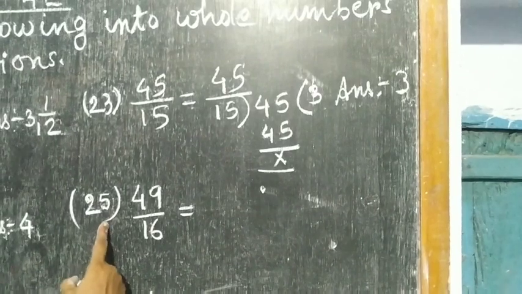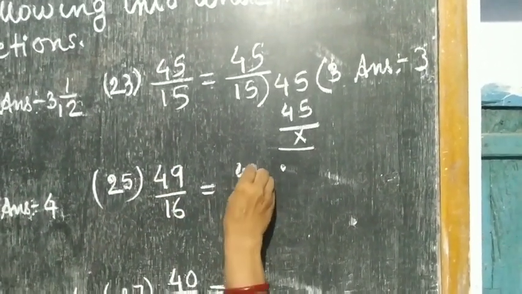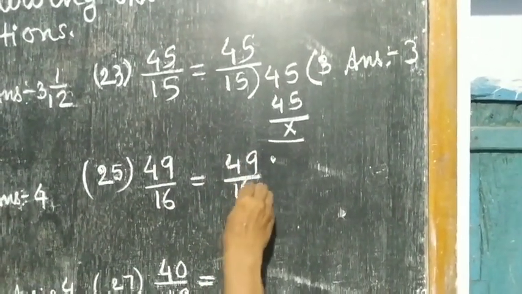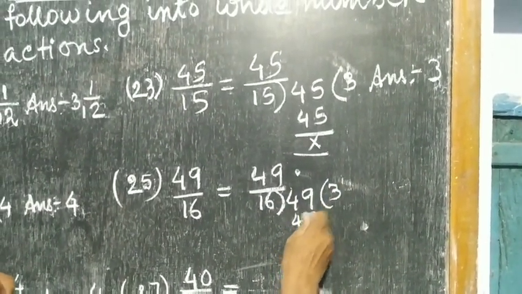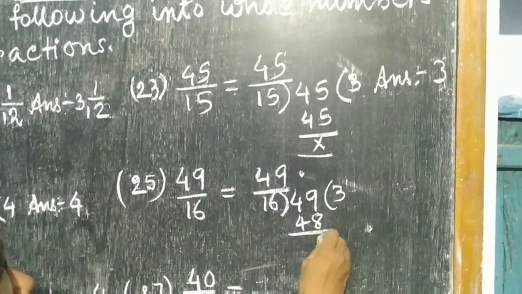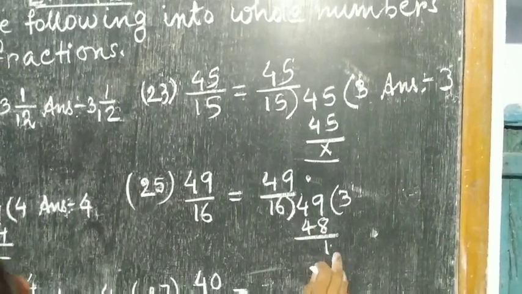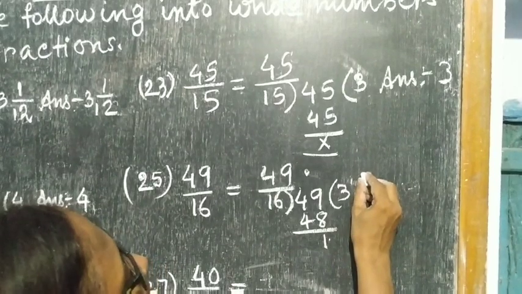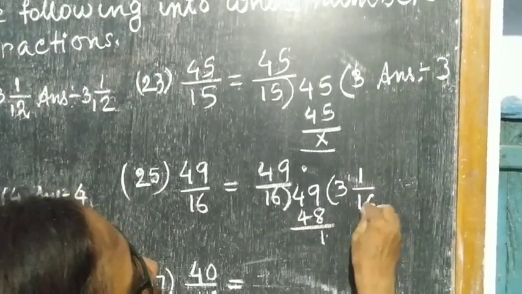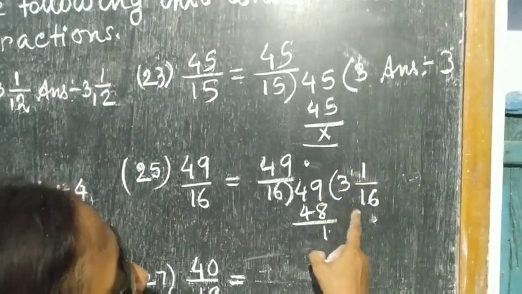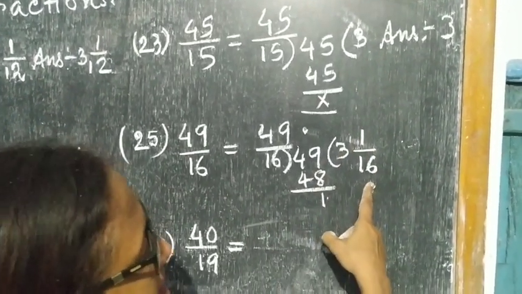Next sum children, 25, 49 by 16. Now you divide 49 by 16. So 16 3s are 48. So 9 minus 8, 1. Now this 1 will go in the numerator and the 16 will come in the denominator. Now 3 1 by 16 is a mixed fraction.